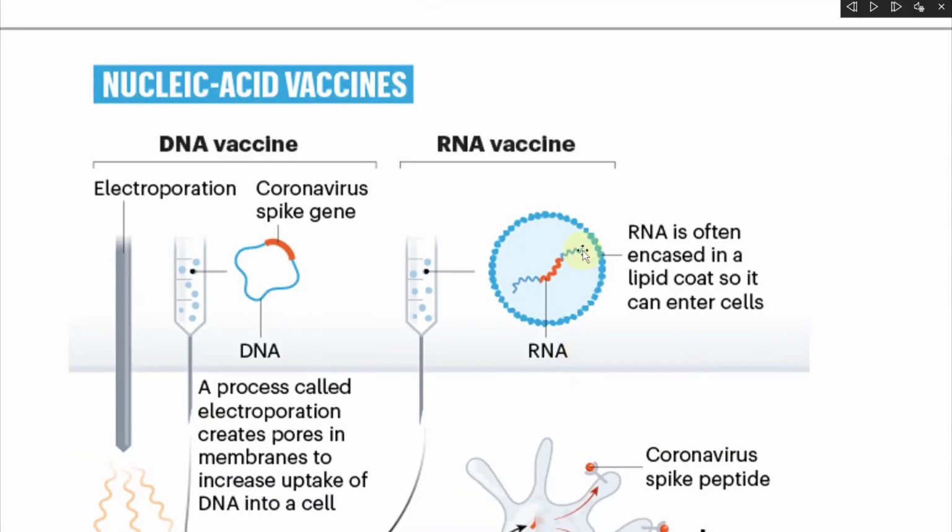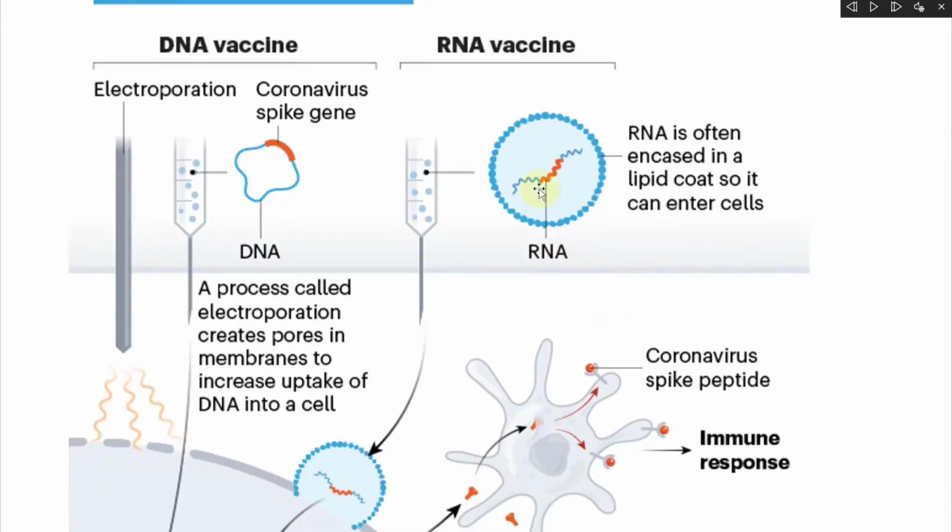All right, so now the next setup is the RNA vaccine. Basically you have a ball of fat with the RNA inside. So the RNA is enclosed in a lipid coat so it can enter cells. And then there's the RNA with the specific spike protein gene, or a spike protein sequence that's transcribed from the DNA already.